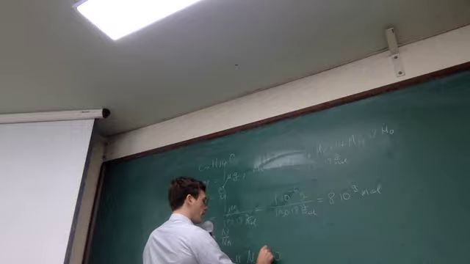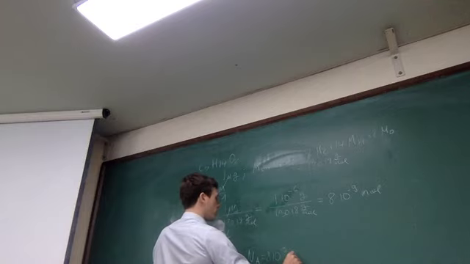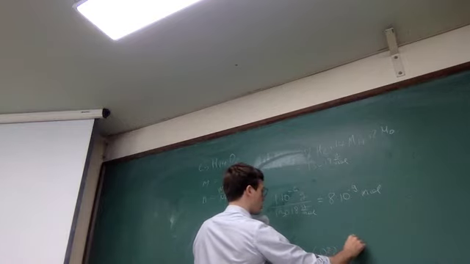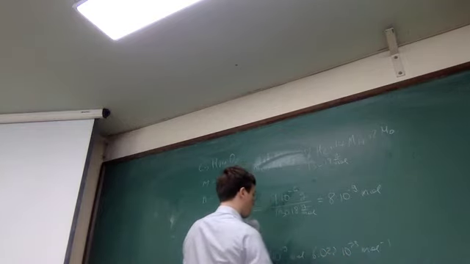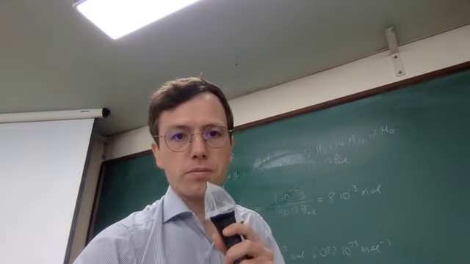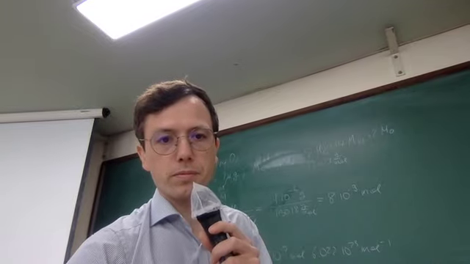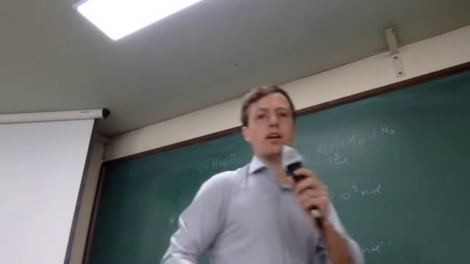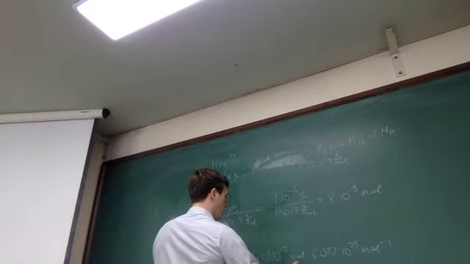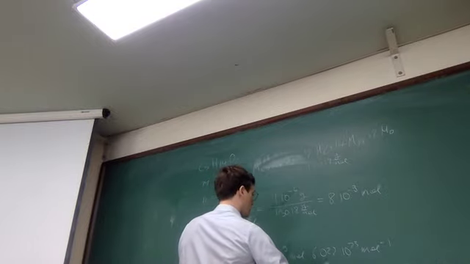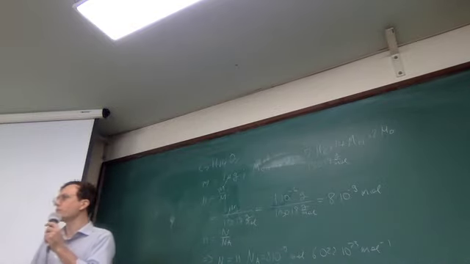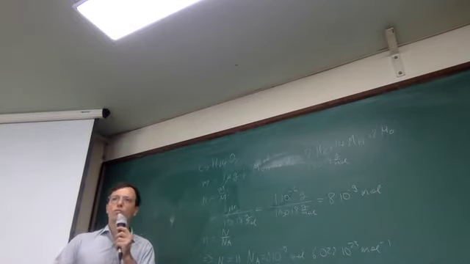So it's 8 times 10 to the power minus 9 mole times 6.022 times 10 to the power 23 per mole, and you get 5 times 10 to the power 15 molecules. So it's really easy. It's just using these two equations in all kinds of variants, right?